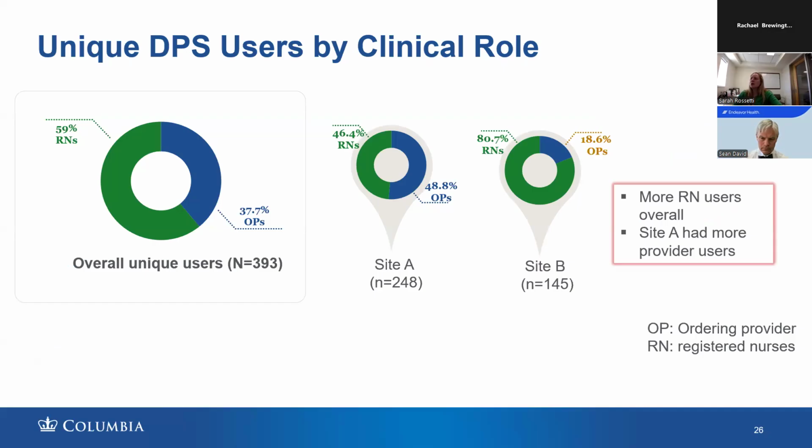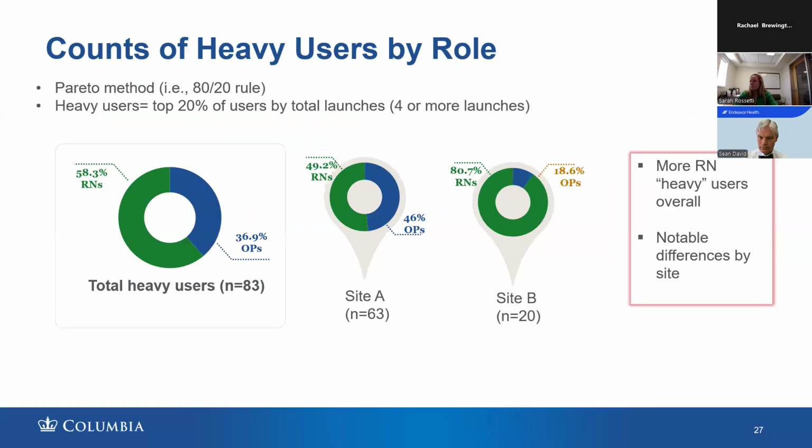If we look at who the users were, the majority of users were nurses. OP is ordering provider, and so certainly a smaller percent, though at one of the sites it was nearly evenly split. At our other site, it was majority RNs at 80%.